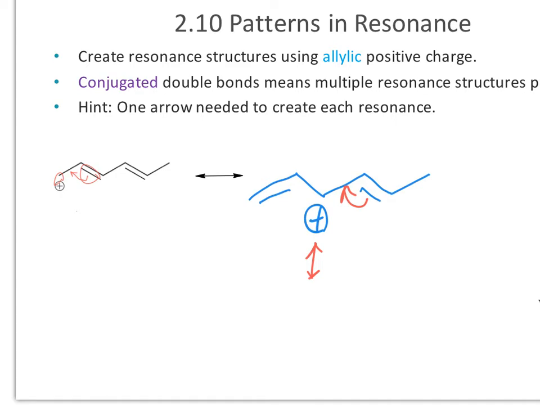So 2, 3, 4, 5, 6. My double bond on the end, my double bond is moved over, and I have my allylic positive charge now on the end. Okay?